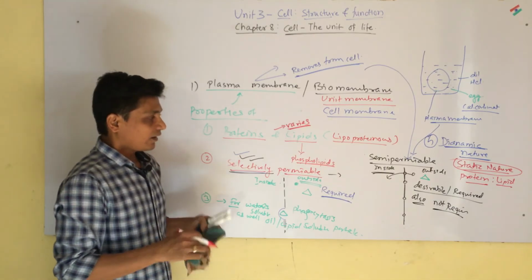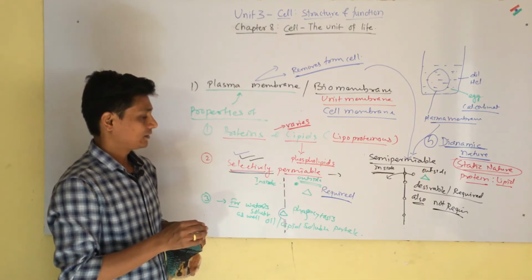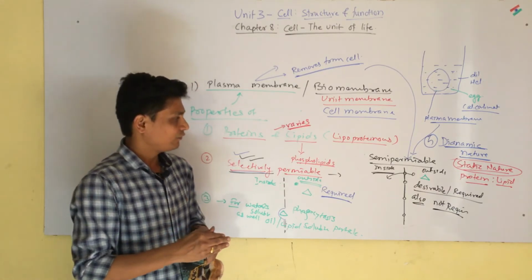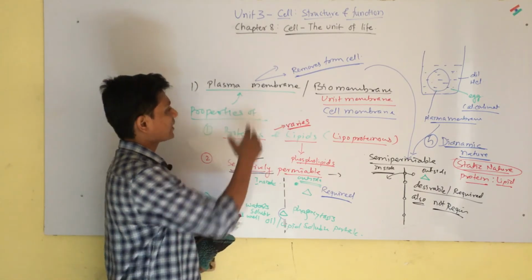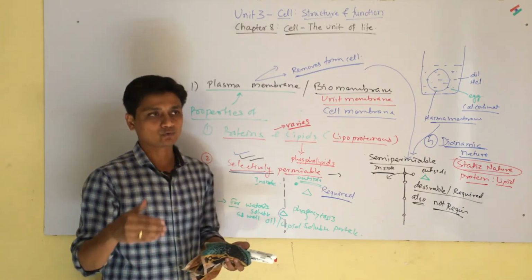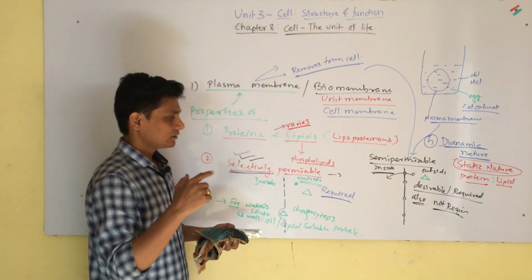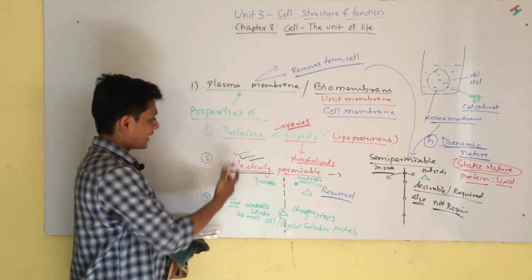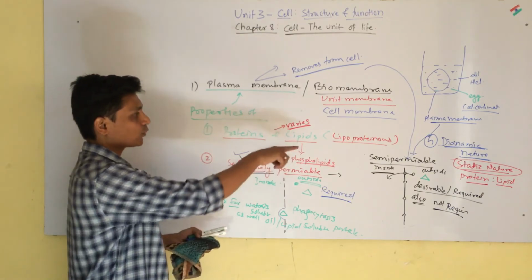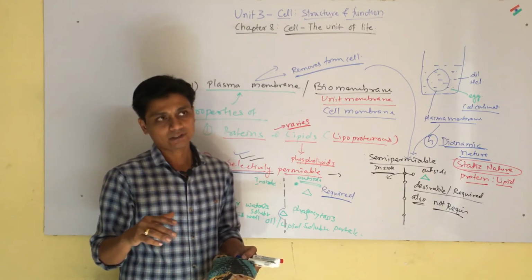Then after that we are going to see some models. There are different models given by different scientists which explain the plasma membrane, how it looks or how the structure of the plasma membrane is made up. But among those, the model that exactly shows these four properties in its explanation or experiment, that model we are going to study more.